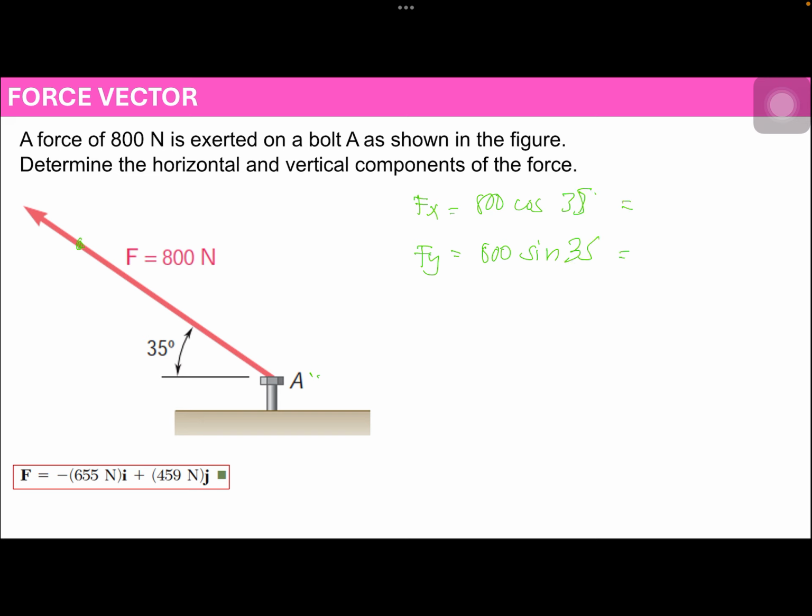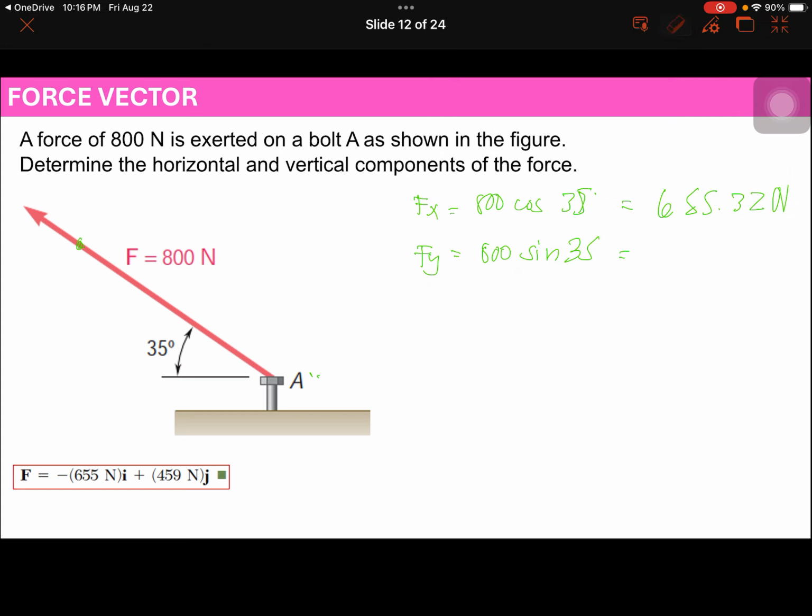So, these are the components ng 800 Newton with an angle of 35 degrees from the negative x-axis.